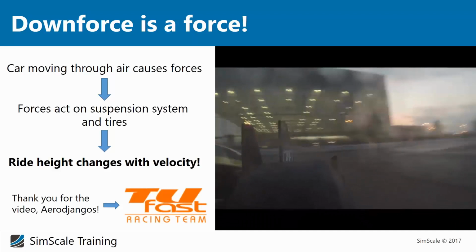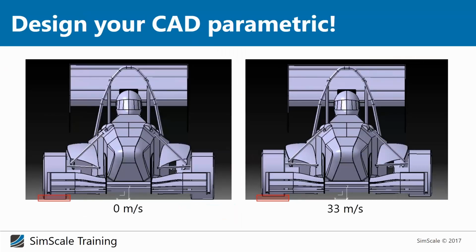So this has, as you might imagine, a very big effect on your CFD simulations and on your results. And therefore, I recommend you to design your CAD model parametrically. There are two ways of doing this, and I will show you them and show you which one is better for myself.